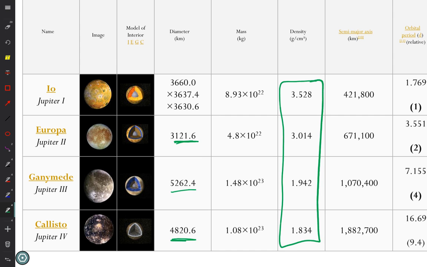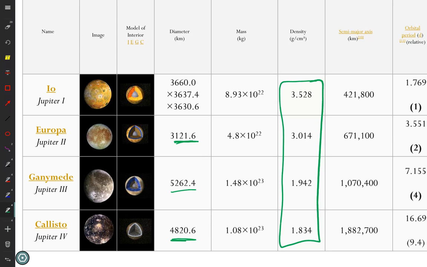The uncompressed densities of Venus and Earth are what? 4.2? The density and uncompressed density of Mars is like 3.3-ish. So that's in the ballpark of the densities of the Earth and Mars and Venus.